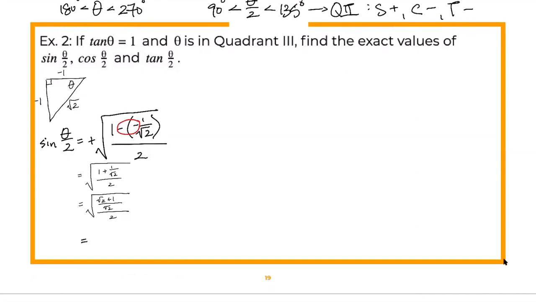And this is going to give me the square root of 2 plus 1 over 2 root 2. And it's okay to leave your answer like that. This is going to be a non-calculator test. So if you give me some sort of decimal, I know you cheated and used a calculator. So don't turn this into a decimal. Leave it as a radical and a fraction.